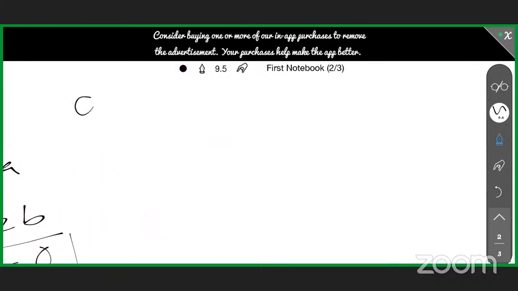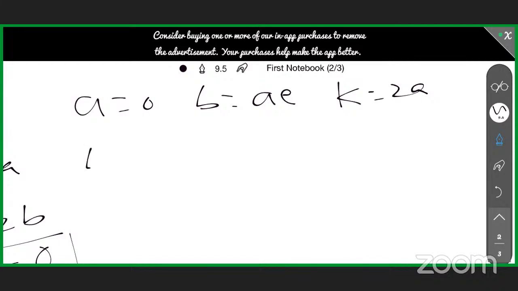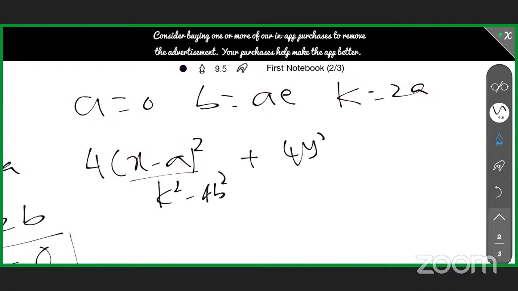Now I know the values: a is equal to 0, b is equal to ae, and k is equal to 2a. Therefore, the equation will become 4(x minus a) whole square by k square minus 4b square, plus 4y square by k square is equal to 1.